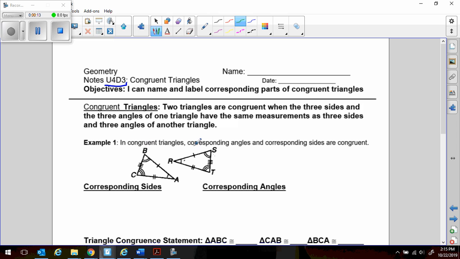In order for triangles to be congruent, all of the sides are going to be equal in both triangles, and all of the angles are going to be equal. So you guys see this one little dash. This one is equal to this side with this one little dash. So corresponding sides are BA is congruent to RS.